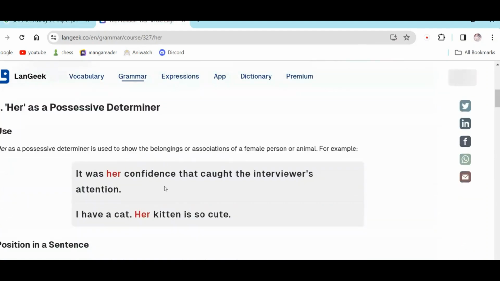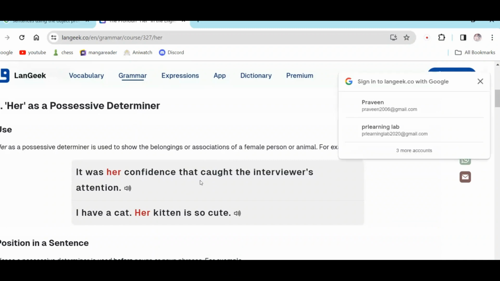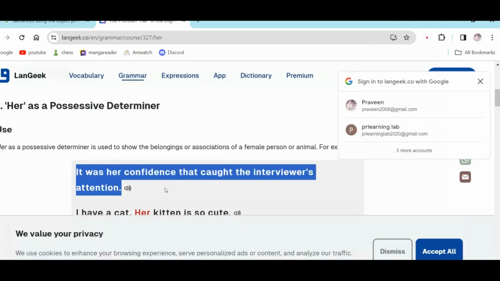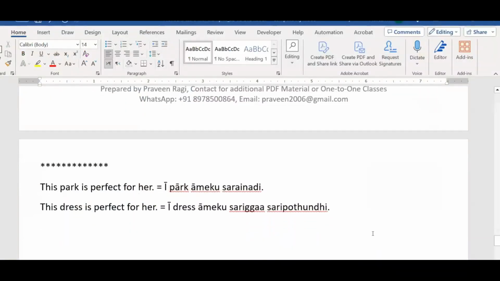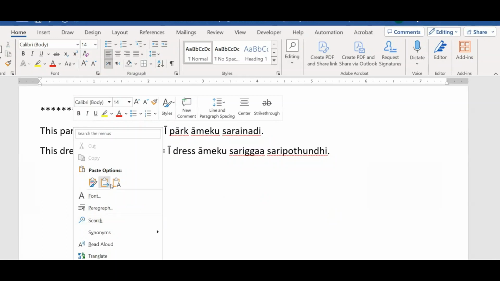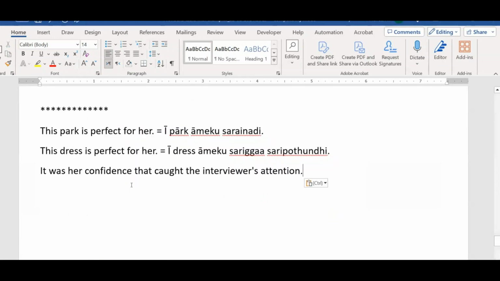This is a little long sentence. Here, basically "her" means "ame", or "tana". Sometimes we use the "nu" suffix, sometimes the "ku" suffix.